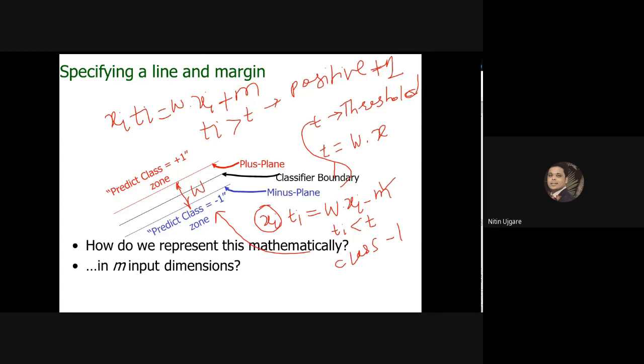What is w, what is xi, what is t? ti is the threshold value we have calculated for this input instance, and when we compare this value ti with the original threshold value t, if it is greater than this threshold, then we classify the input instance to the positive class. If this value is less than t, then we classify that input instance to the negative class. It is as simple as that.